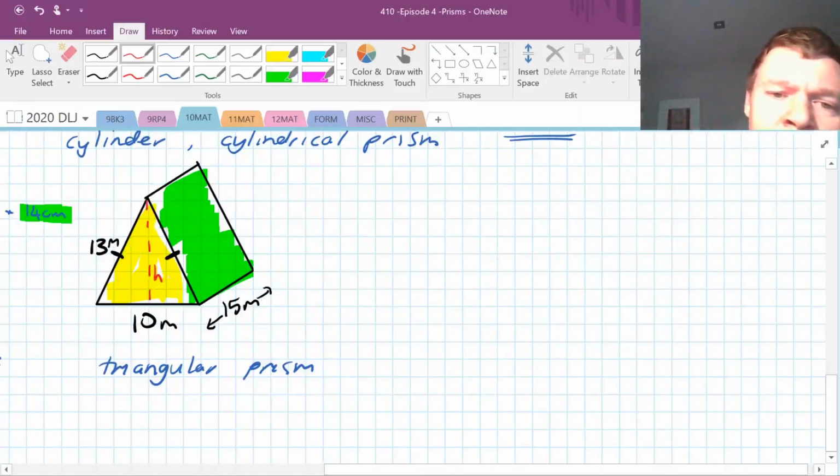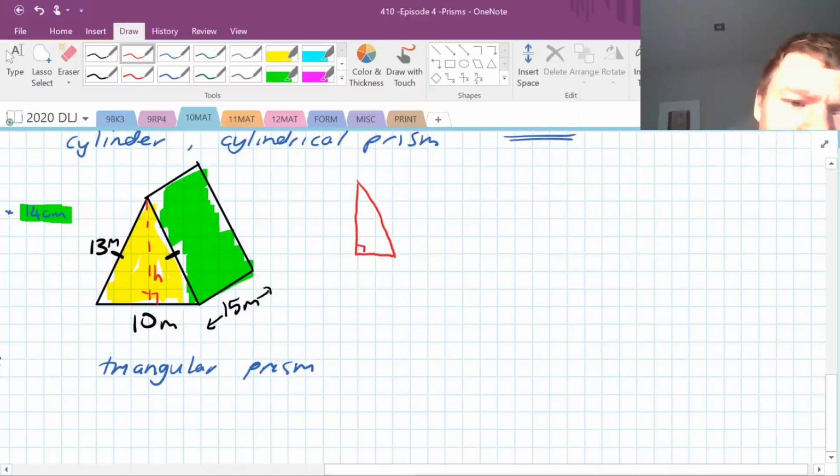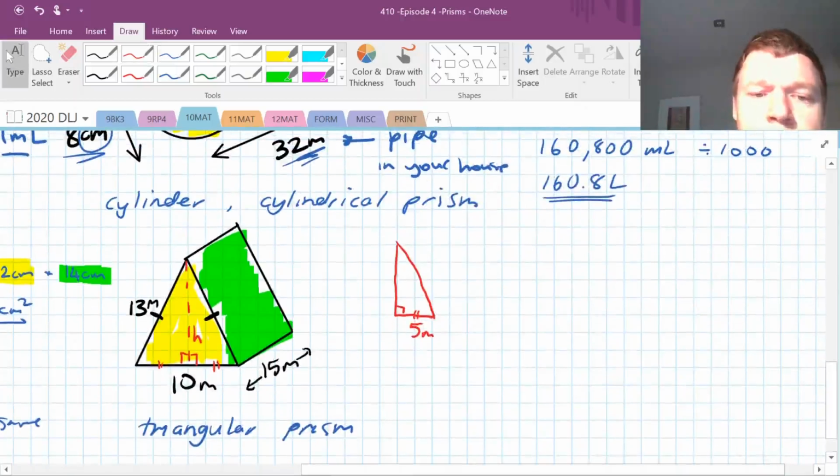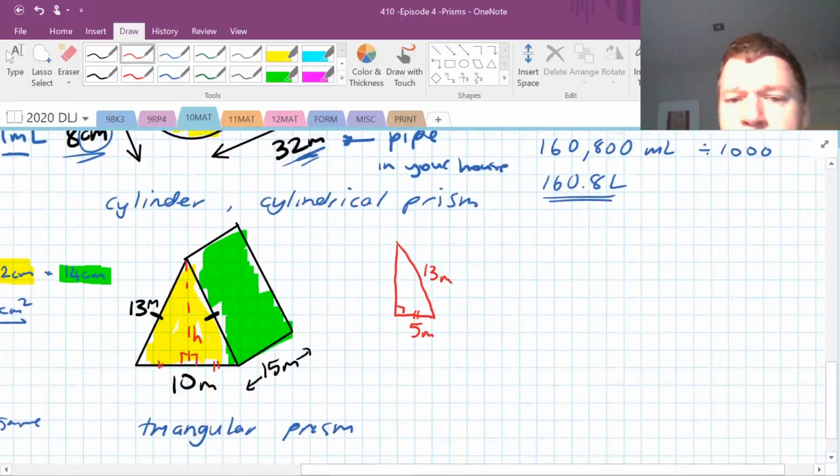So I'm going to draw that triangle, because remember there's 2 equal right angle triangles in there. One side is going to be 5, because it's evenly split here and here. And the other side, the hypotenuse, is 13 meters.